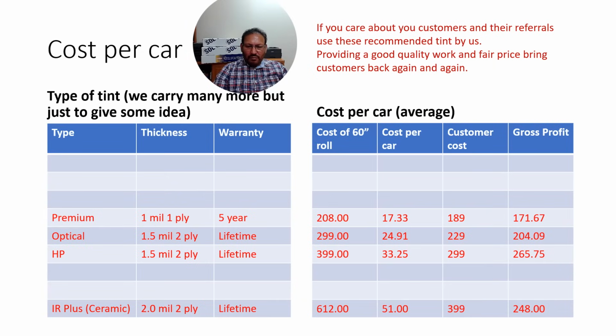The prices we picked up here are the prices normally charged in Houston, Texas, where our office and warehouse are. If you're charging different prices in California or New York, perfectly fine. Just put in your price here minus the cost, and you'll get your gross profit.